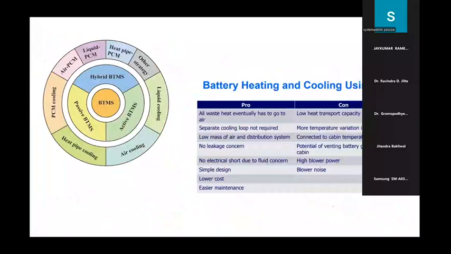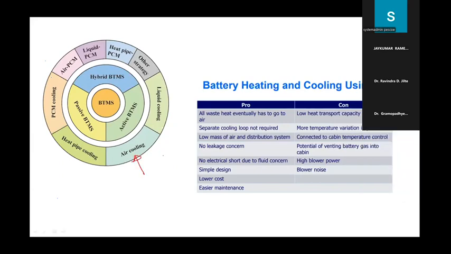Now let us look at our topic, battery thermal management systems. Here, if you look at the types or classifications of the thermal management systems, we have a very simple type of system which is called air cooled. There are pros and cons of this heating and cooling using air.